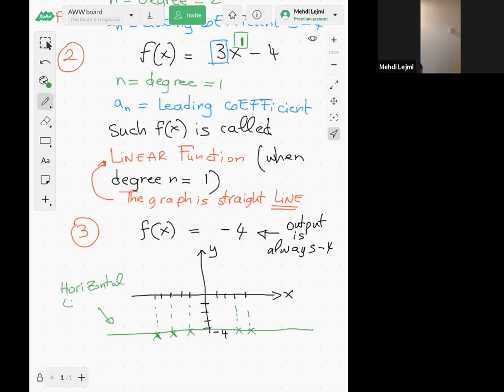So when you have f of x equal to a number, the graph would be a horizontal line, of course. And such a function is called a constant function, because it doesn't change. The output is always the same.